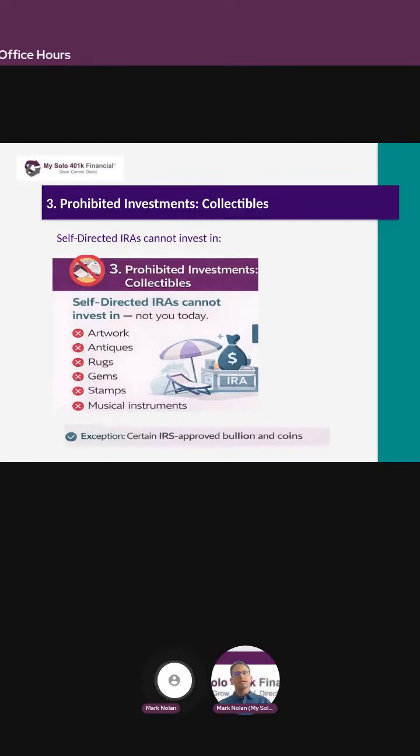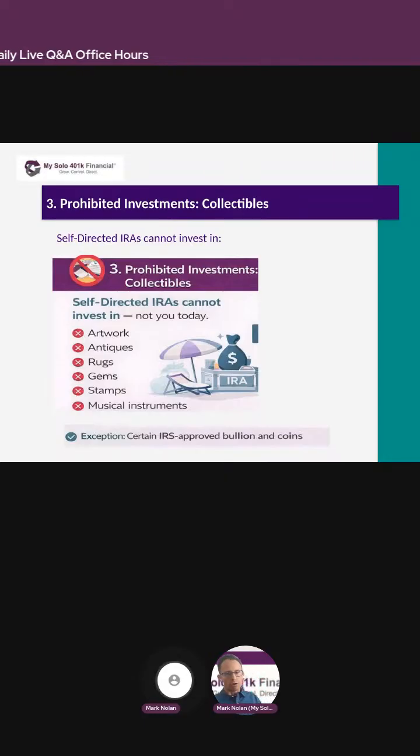The IRS does prohibit most collectibles. So a self-directed IRA, and same rules apply to a solo 401k for that matter, are not allowed to invest in most collectibles. So what are some examples of prohibited collectibles?